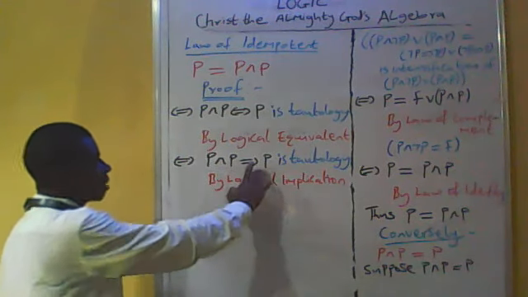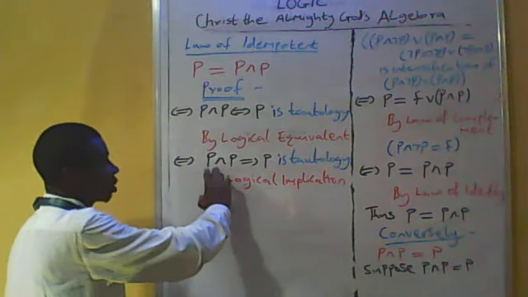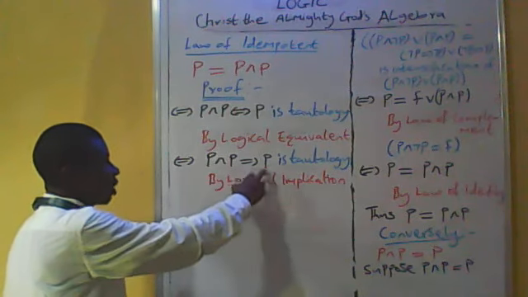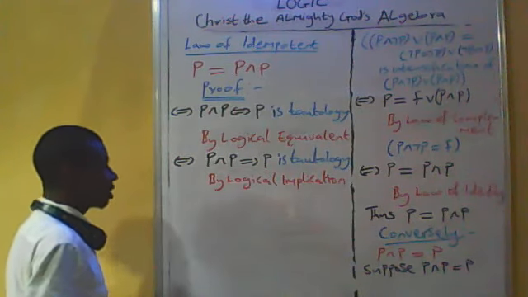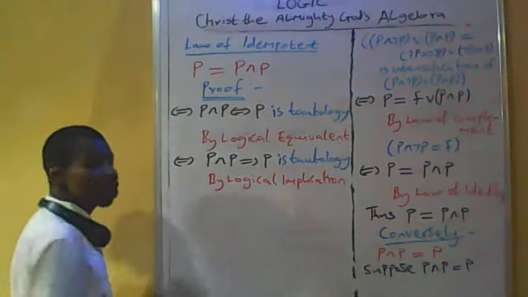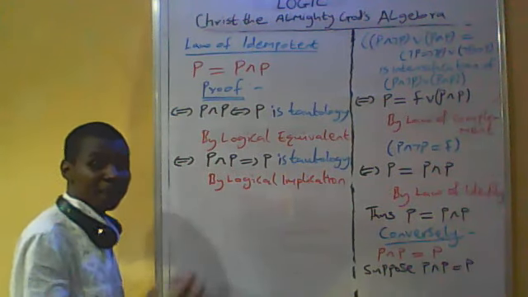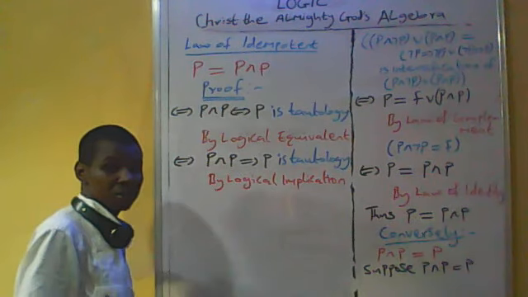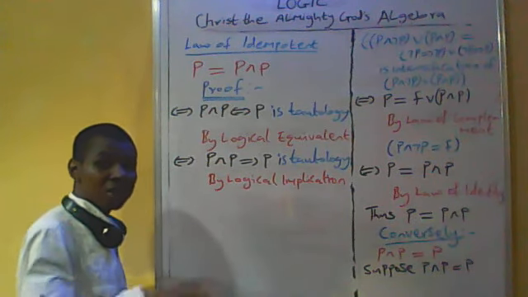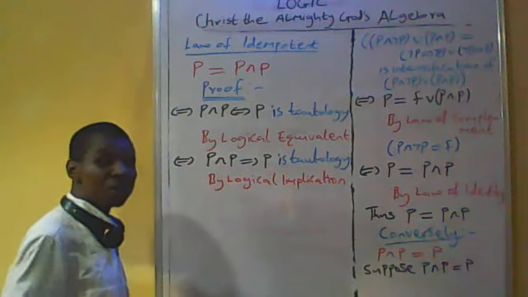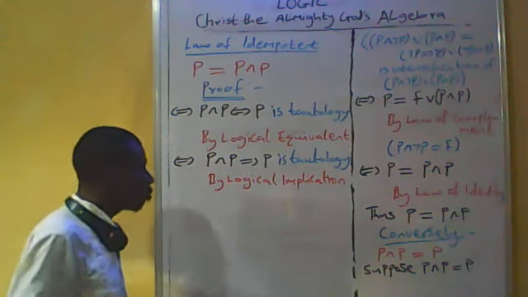Now, since the statement is a tautology, that means P and P as antecedent implies P is a tautology. It means that P and P is a proper implication of P. That means it is certain that it exists. It's certain that P and P exist. And if it's certain that it exists, we say that P and P is a logical implication of P.